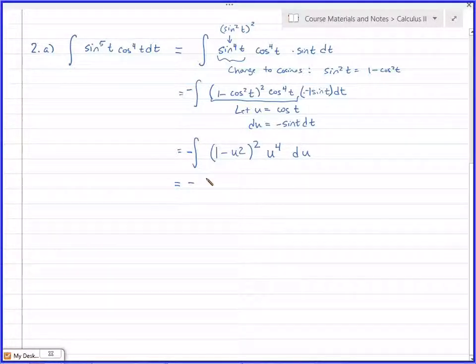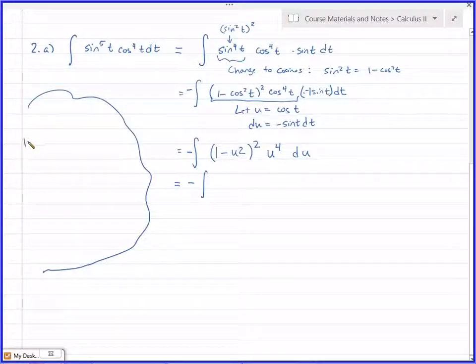And I would multiply this all out. So off here to the side, we're doing 1 minus u squared times 1 minus u squared gives me, by FOIL, 1 plus 2, nope, minus 2u squared plus u to the fourth.